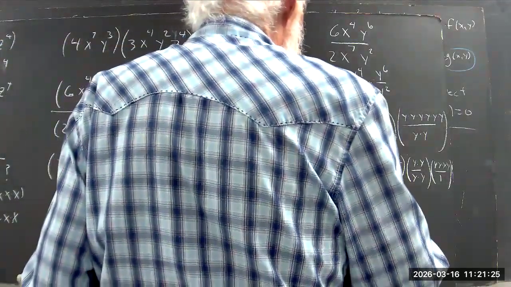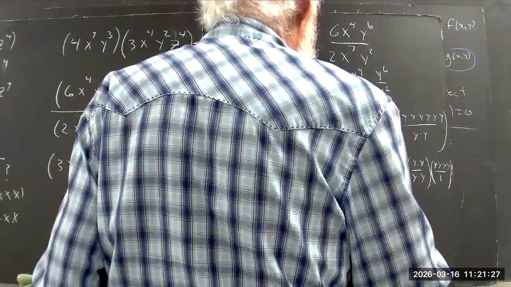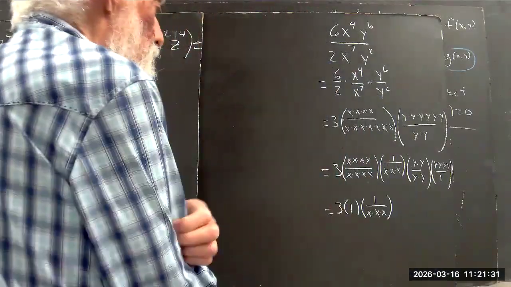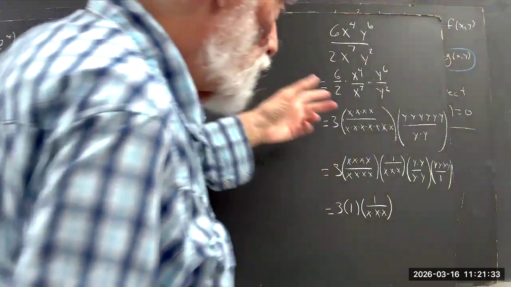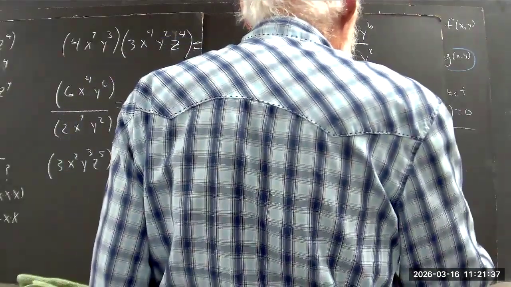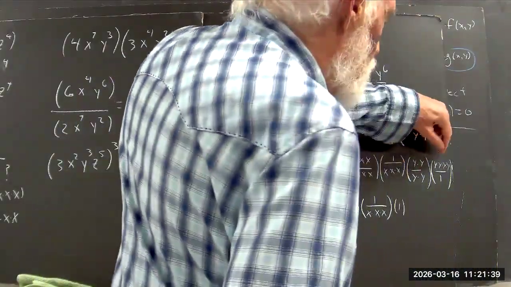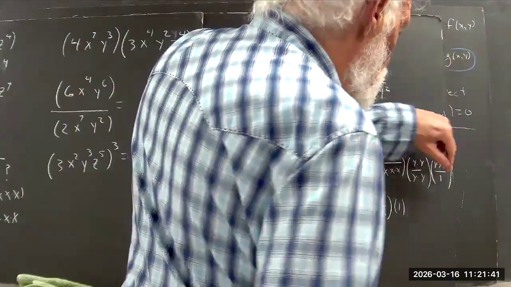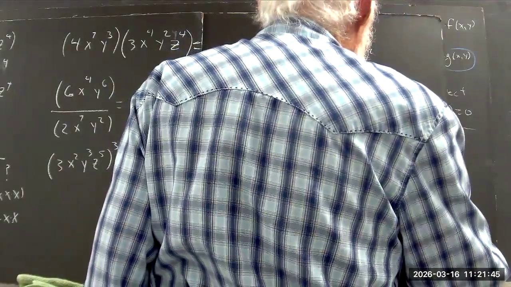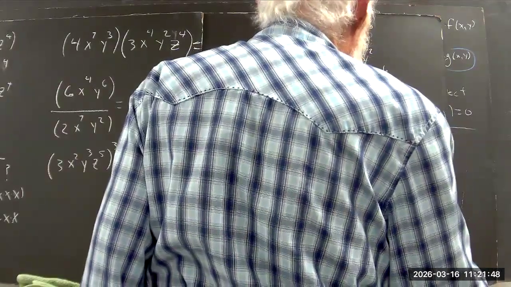And I still have 1 over x times x times x. With the y's, I've got y times y over y times y, which is just 1. And then y times y times y times y over 1, which I can just write as y times y times y times y. I don't need a denominator there anymore.